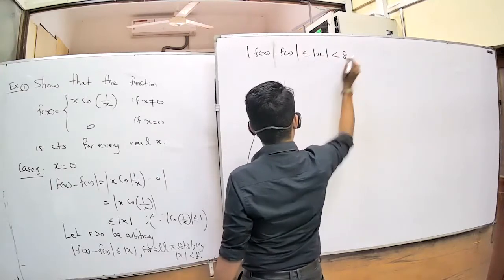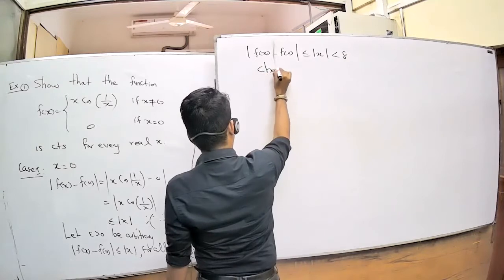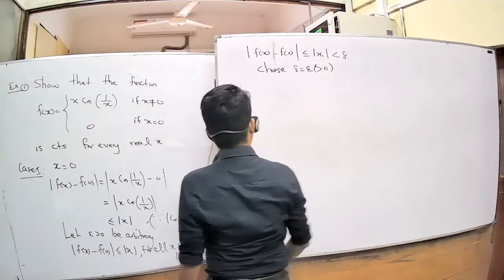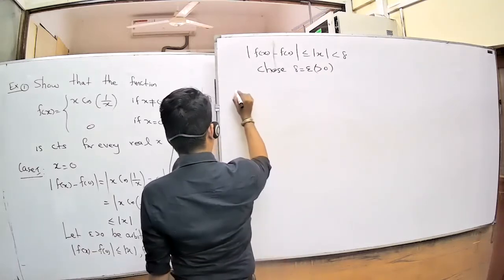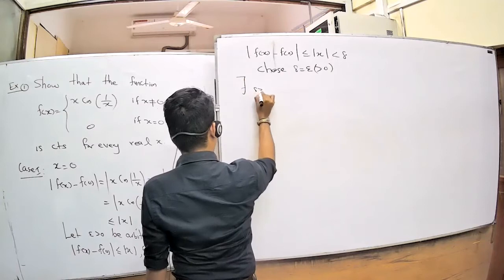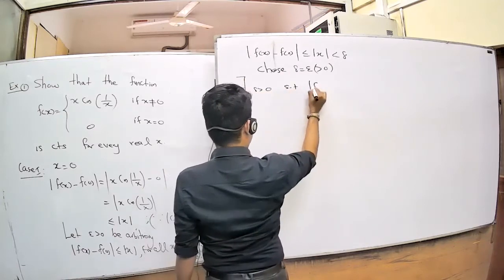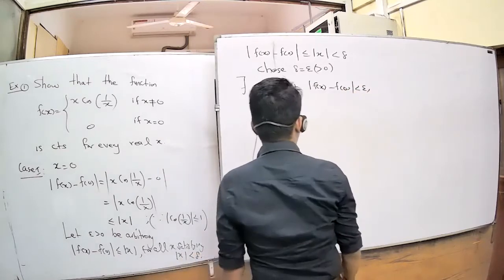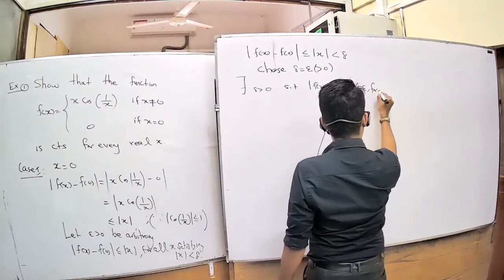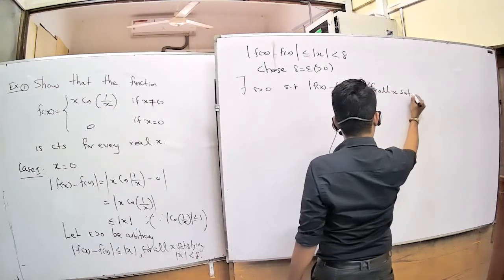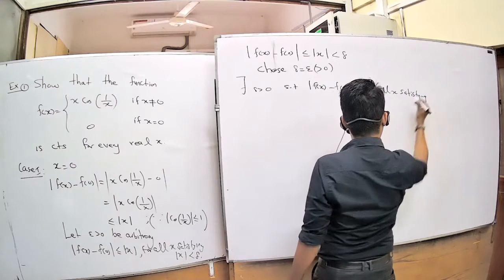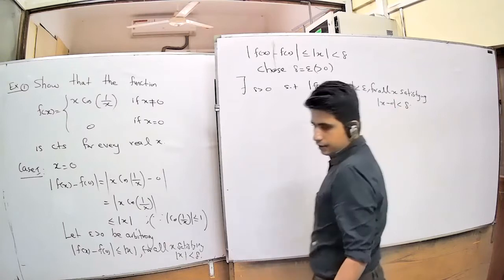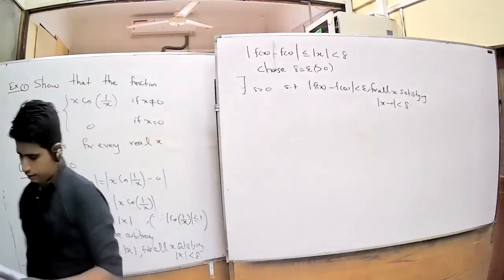Now you choose delta equal to epsilon, for epsilon greater than 0. With delta equal to epsilon, there exists delta greater than 0 such that modulus of f of x minus f of 0 is less than epsilon, for all x satisfying modulus of x minus 0 less than delta.